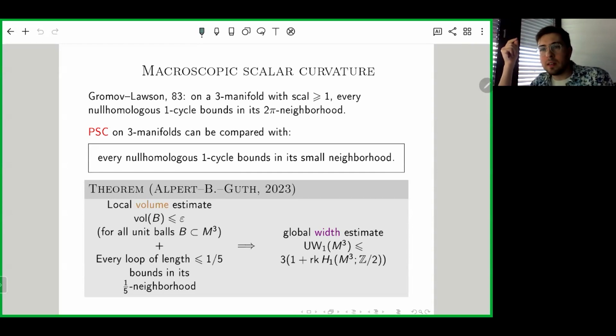Roughly speaking, you can take another definition of macroscopic scalar curvature. You can say that positive macroscopic scalar curvature amounts to two conditions as opposed to just one. It's not just that balls of a certain radius have small volume, but also this geometric contractibility type of condition on loops: every loop of length at most something bounds in its small neighborhood.